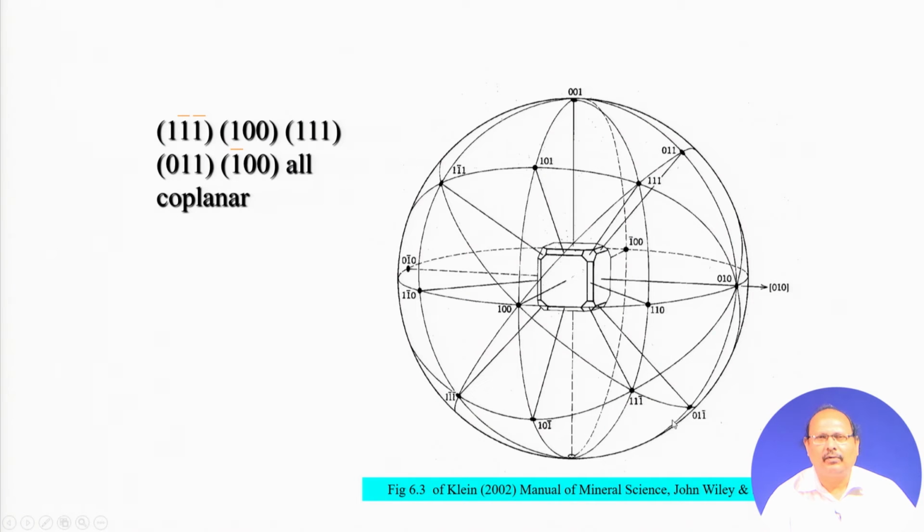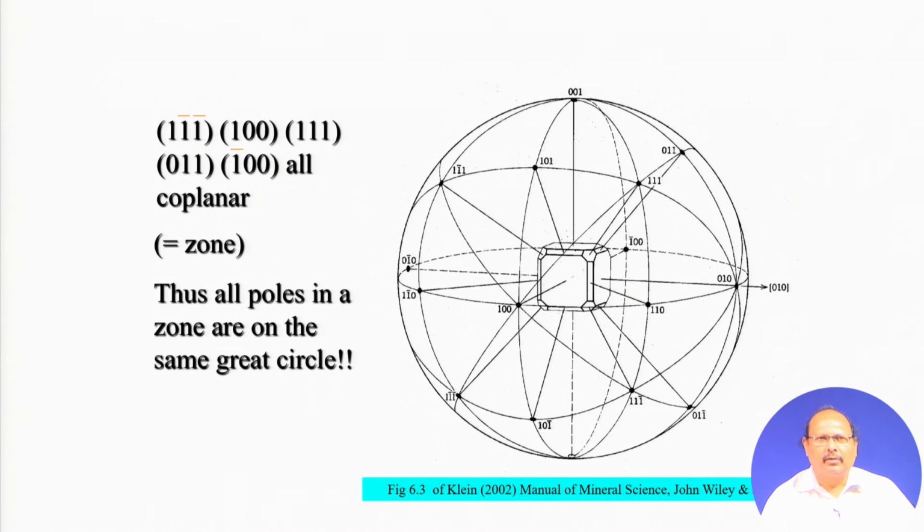So, this is one particular great circle where these faces will lie, and also you can think of this particular equatorial circle where they will be in the same plane: 1 0 0, 1 1 0, 0 1 0, bar 1 0 0 and also 0 bar 1 0.